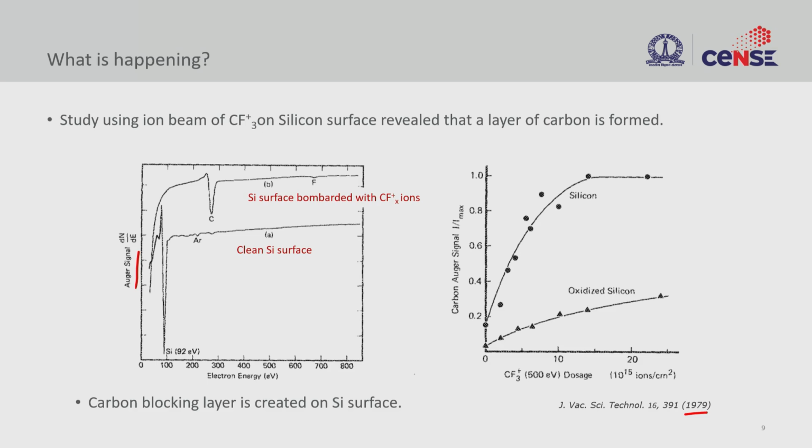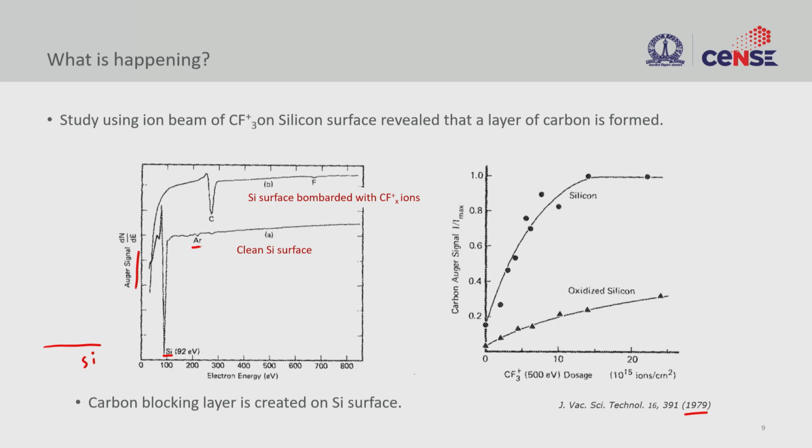So what they did was they took a clean silicon wafer, right, and then they did Auger spectroscopy on this, and then observed a really clean signal. They were only able to observe silicon, right, and a little amount of argon which was present in the chamber.